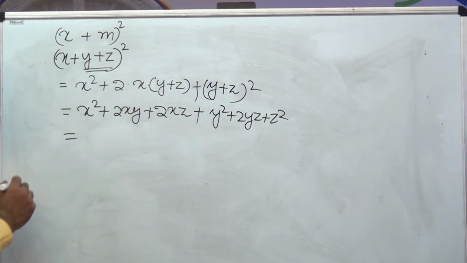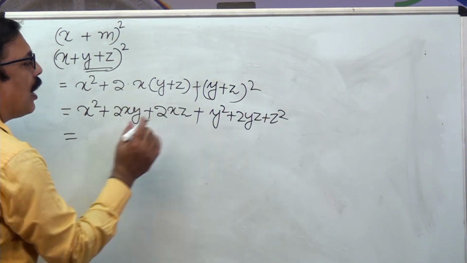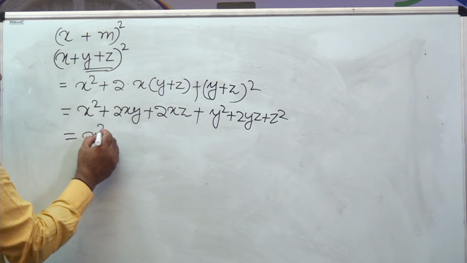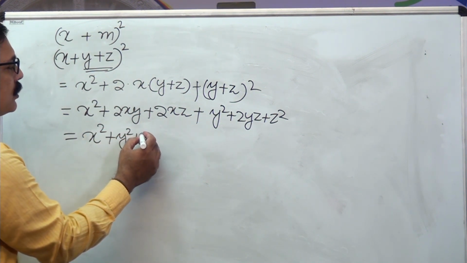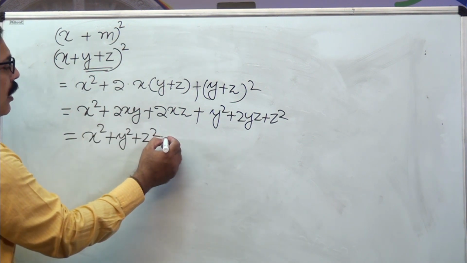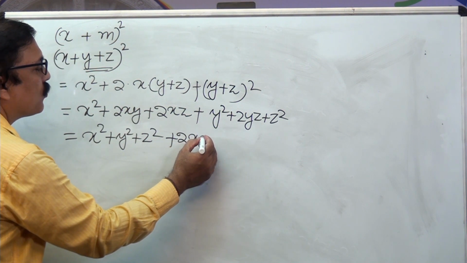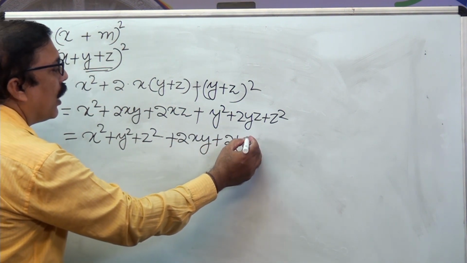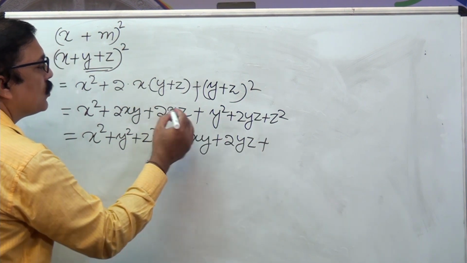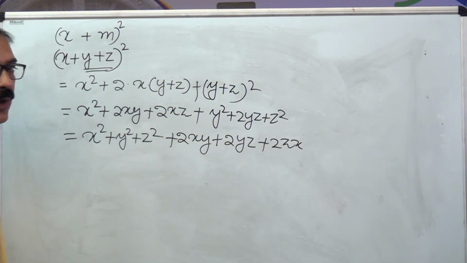Now let's rearrange it. All the square terms first: x square plus y square plus z square. Then the product terms: 2 into xy plus 2 into yz plus 2 into xz or zx, whatever you write.